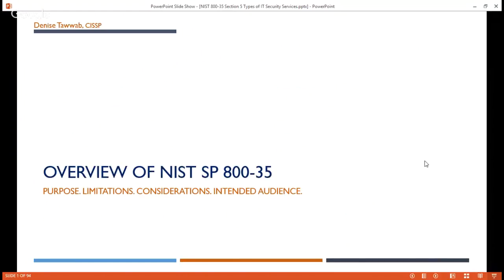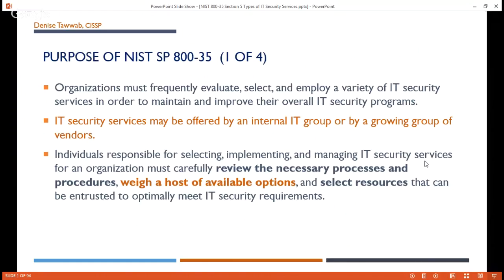All right, overview of NIST Special Publication 835. The purpose, the limitations, considerations, and the intended audience. The purpose of 835 is that if you're in IT security, you're frequently evaluating and selecting IT security services or products to maintain your IT security programs.